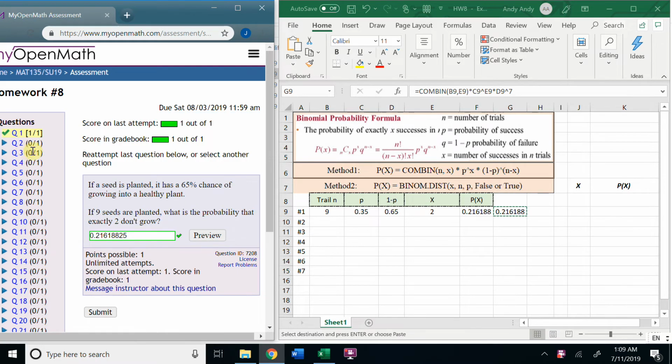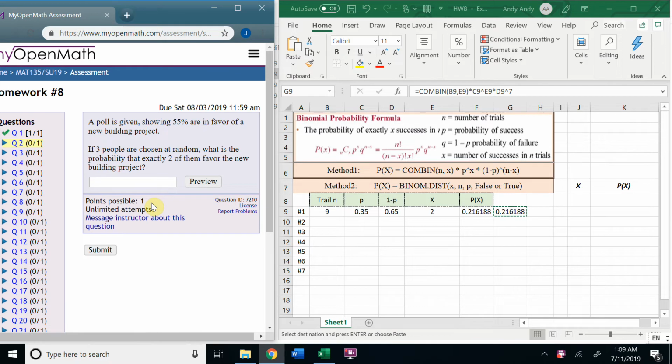Okay, move to the second question. A poll is given showing 55% are in favor of a new building project. If 3 people are chosen at random, what is the probability that exactly 2 of them favor the new building project?